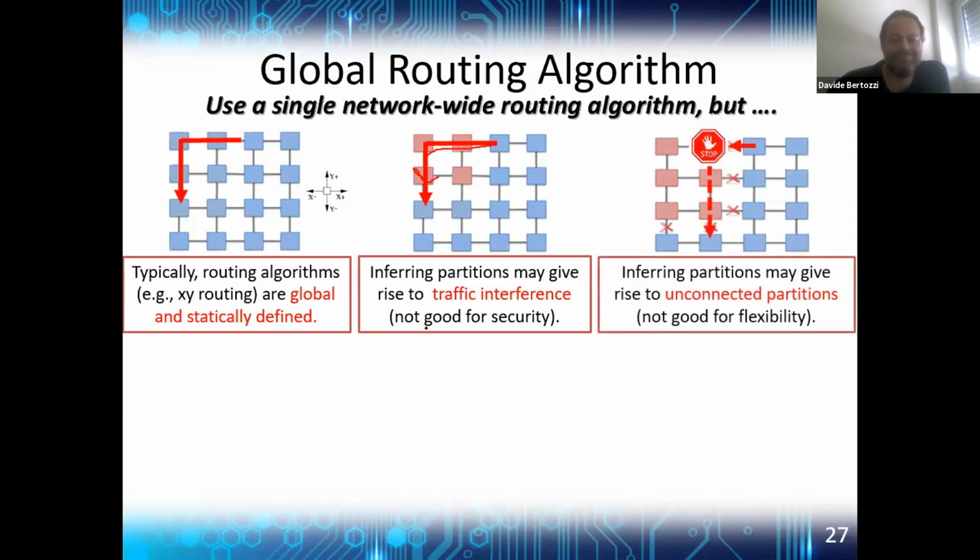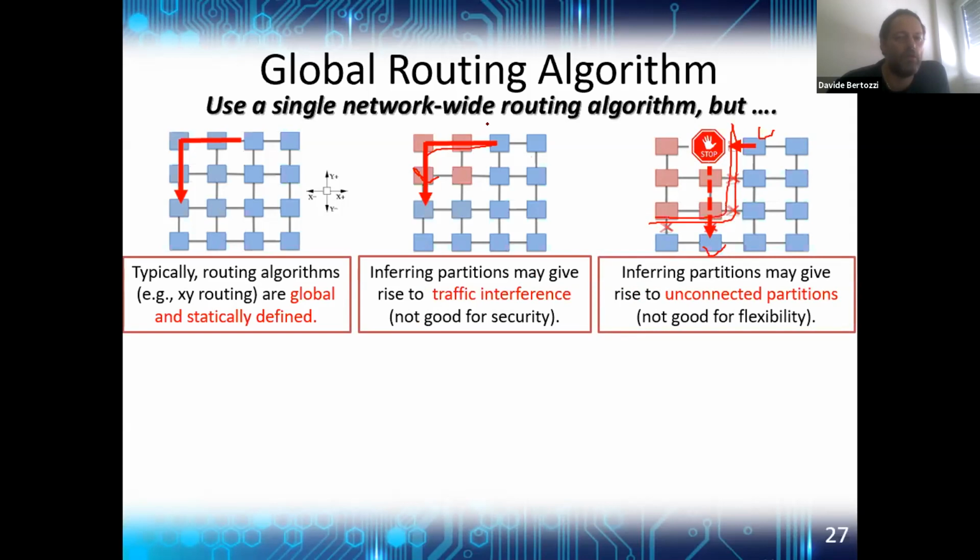Moreover, there are some partitions that may end up being unconnected, because if you are using only X and Y, and if you want to go from this node to this node, and you can use nothing else than X and Y, then you are not allowed to enter this partition, assuming that we found a way to enforce partition boundaries.